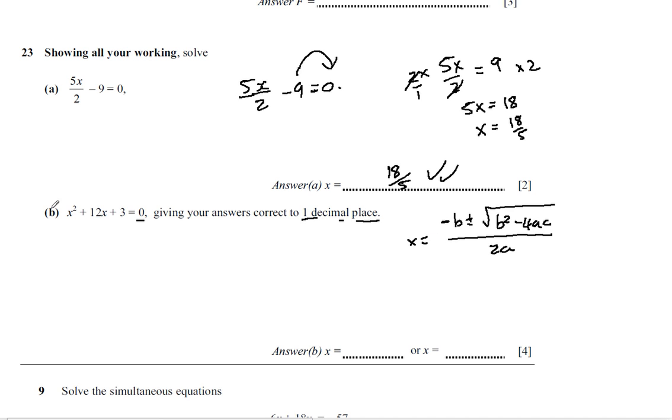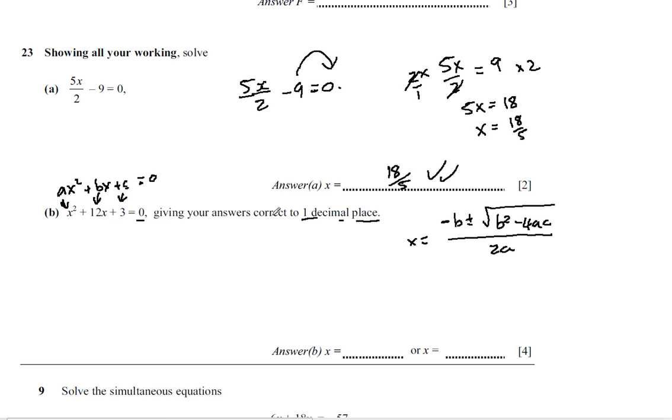So let's do this. This is in the form of ax squared plus bx plus c is equal to 0. So we can see a is the value in front of the x squared. In this case it's just 1. b is 12 and c is positive 3.